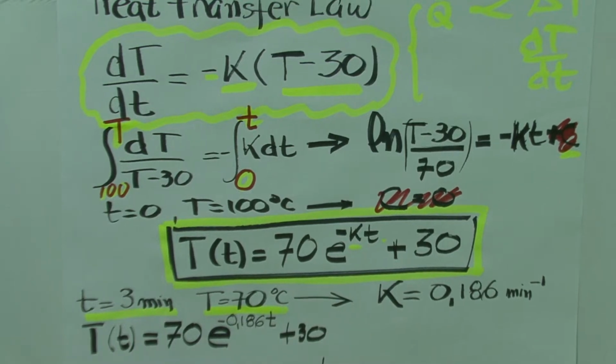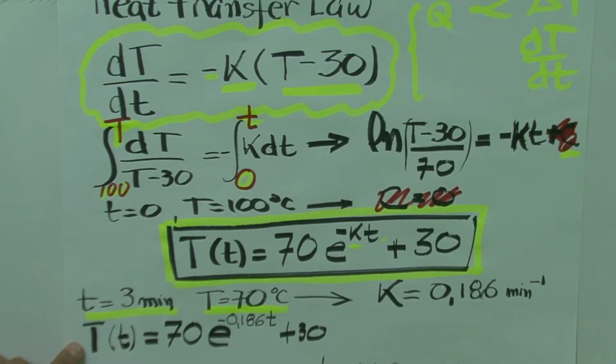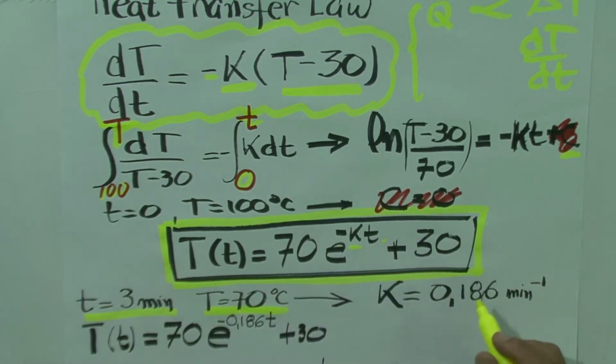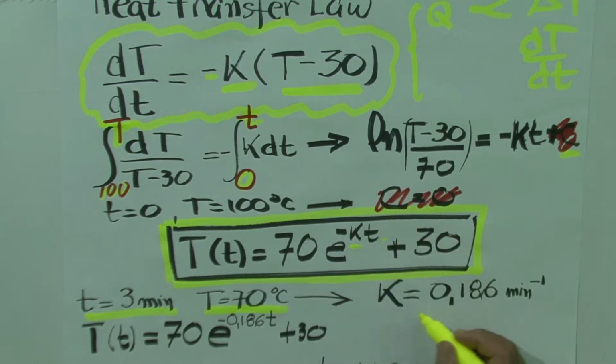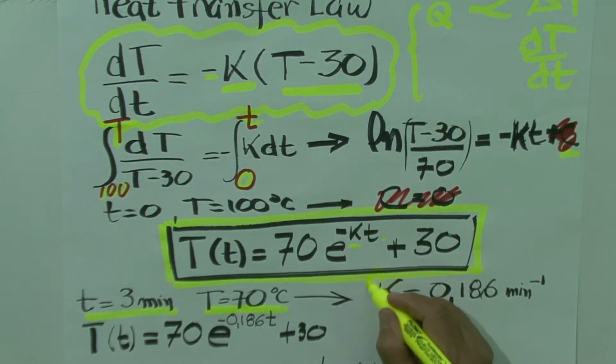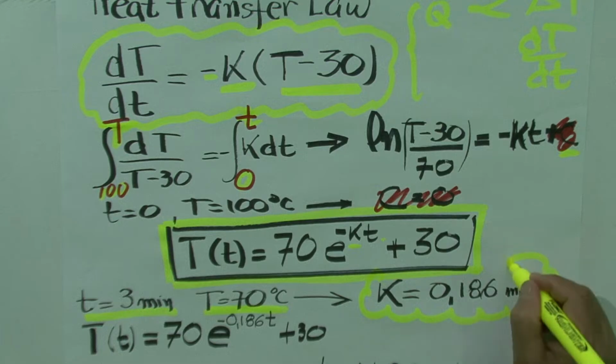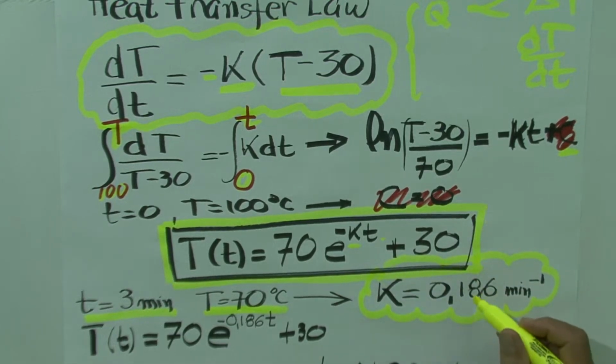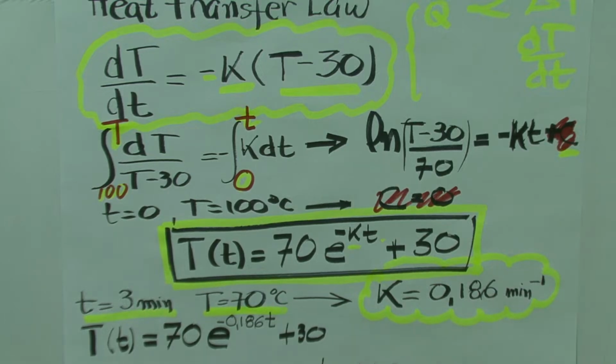It is simple to solve, because this will be 70 degrees now. And then the only thing I do not know is the constant k. And I can extract the constant k, which now will be 0.186 minutes to the minus 1, because I'm using time in minutes.